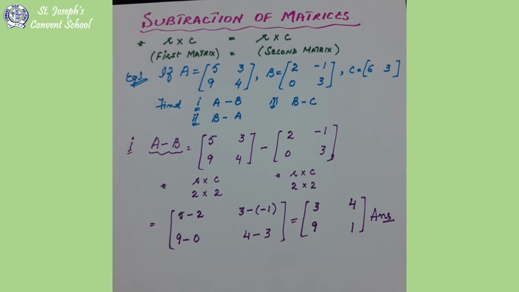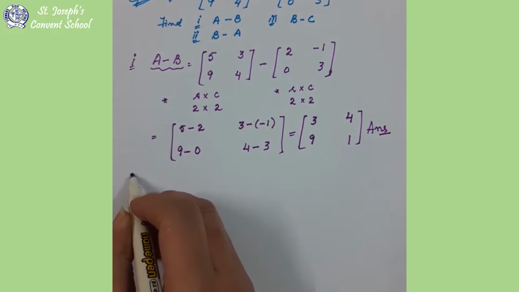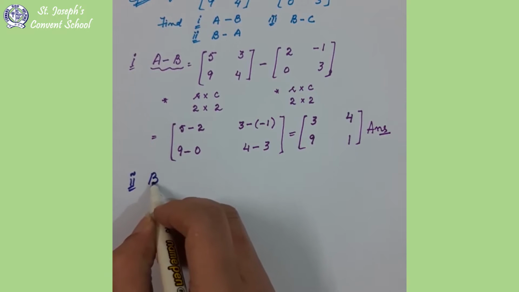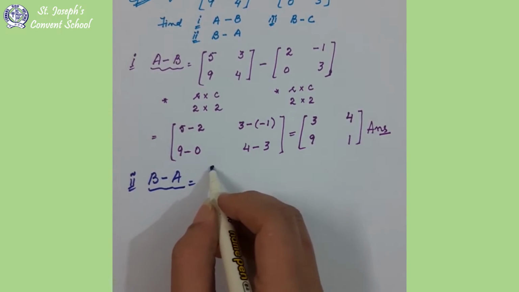Okay, let's do the second part. In the second part you have to find B minus A. Okay, let's solve B minus A. So we'll write matrix B first.